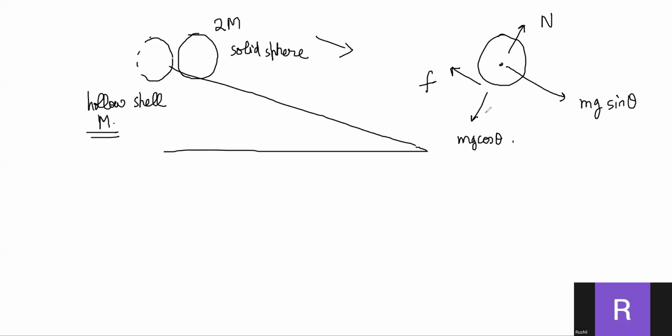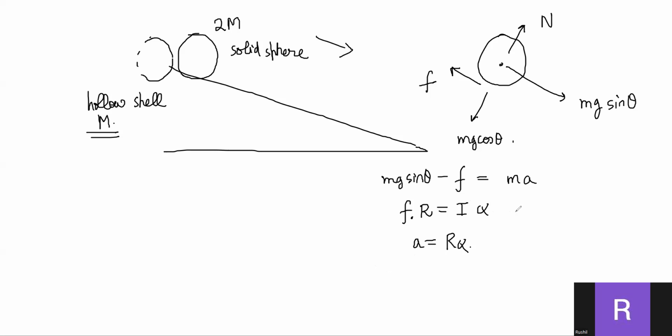Your friction is providing the torque. So you have equations like mg sine theta minus f is equal to ma downwards, and f into r is equal to I alpha. And you have a is equal to r alpha for pure rolling.